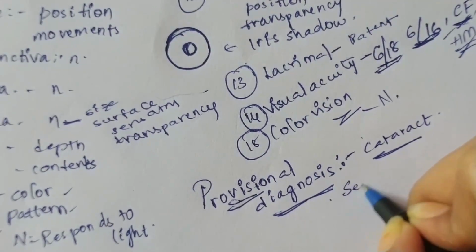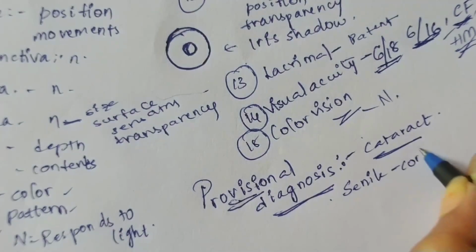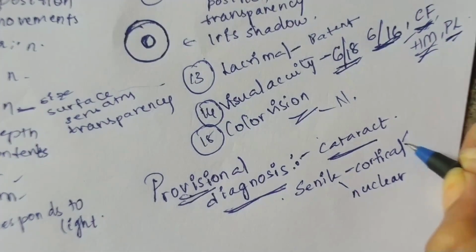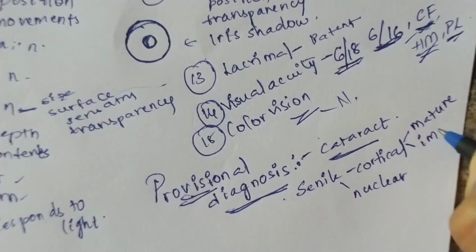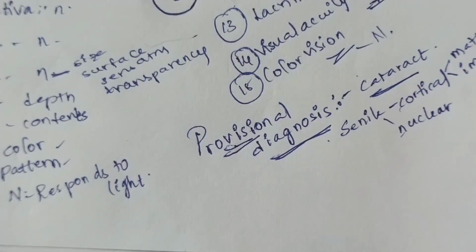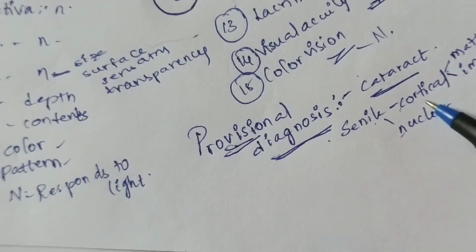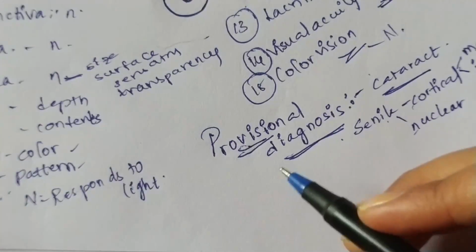In cataract, this can be senile cataract, senile cortical cataract, or senile nuclear cataract. In senile cortical cataract, again this can be mature or immature. So you have to know the differences in these things. If you know the differences on how to diagnose mature senile cortical cataract or immature senile cortical cataract or senile nuclear cataract, you can easily make a diagnosis.